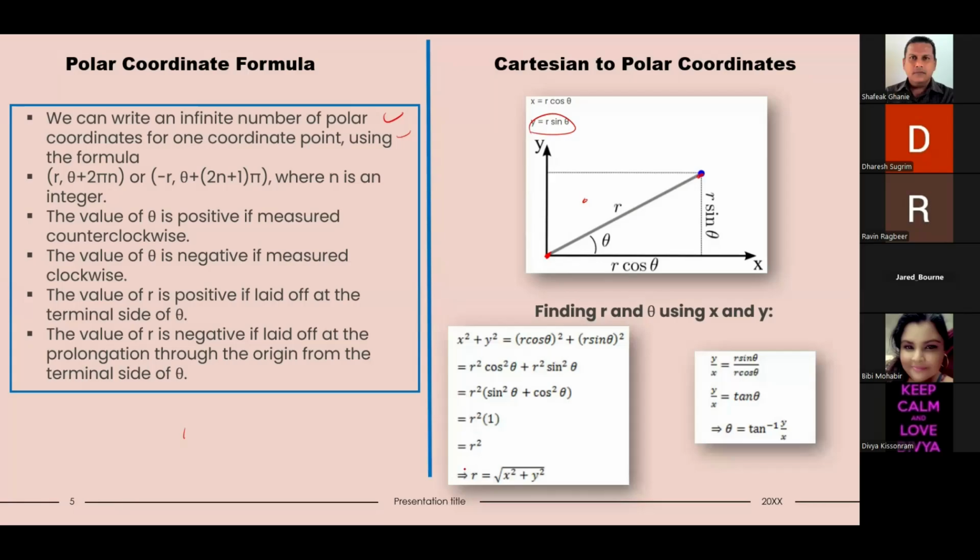And that simplifies to give us this expression, which is clearly Pythagoras theorem, where r is equal to the root of the sum of x squared plus y squared. That's a simple way to find r. We can simply find the angle of displacement by using the trigonometric ratio, which is tan inverse of y upon x, and you would get the angle here.